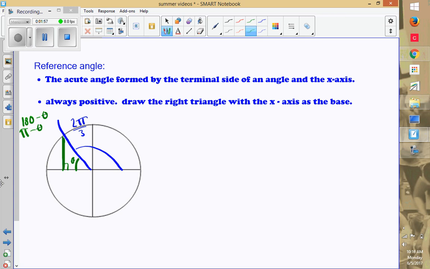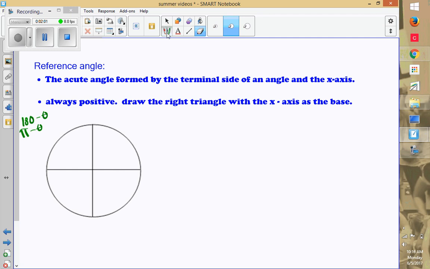Okay. Let's clear this out and move into the third quadrant. So if I am now having an angle in the third quadrant, the reference angle is going to be the angle that creates the right triangle with the x-axis.